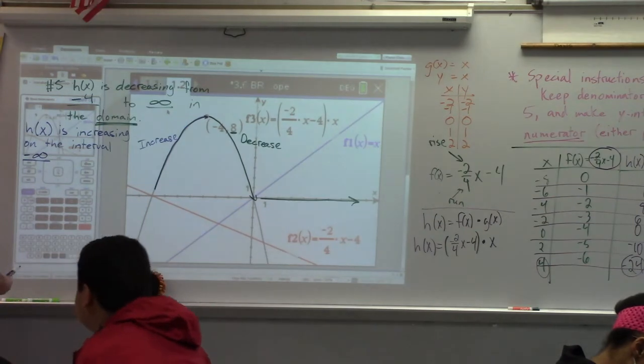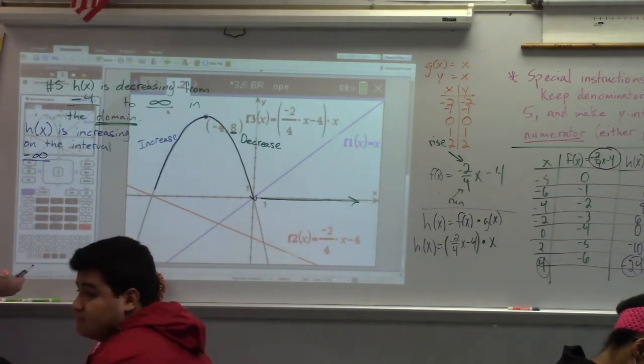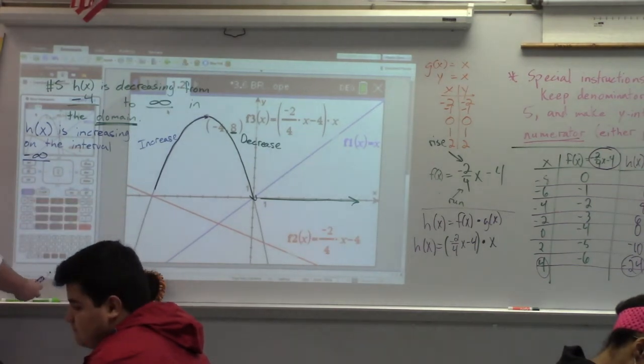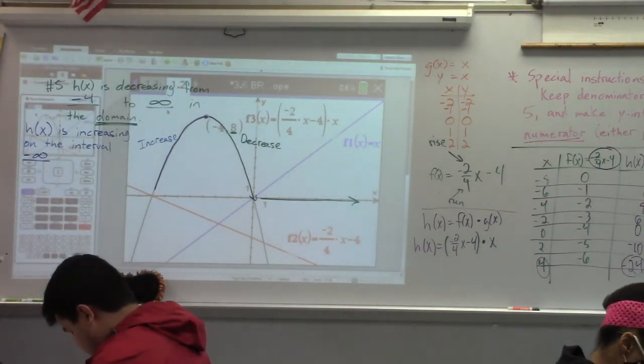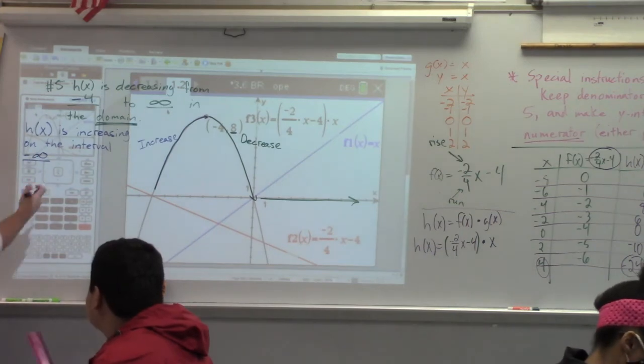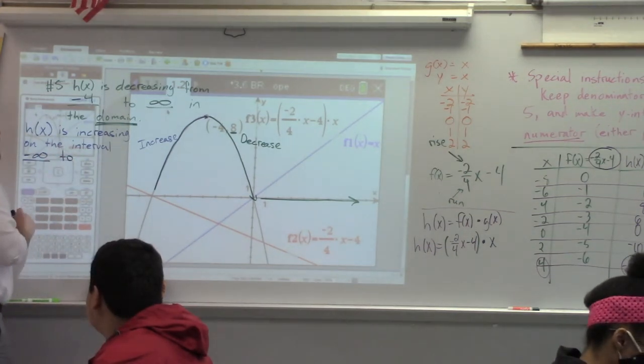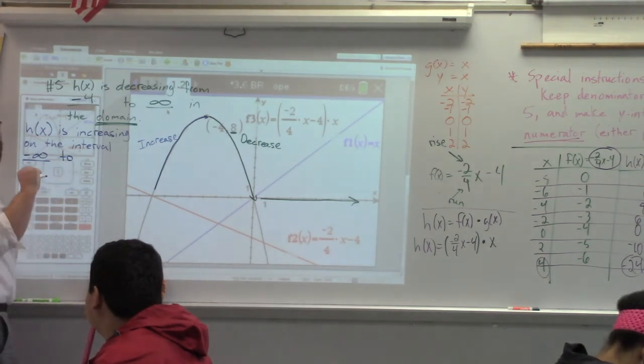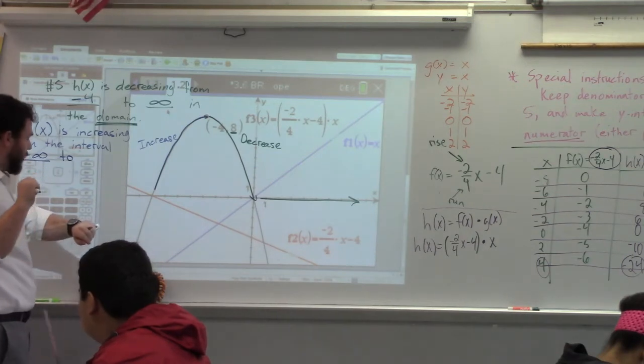Okay, so you're good with the fact that there's an infinity on this side. And you're good with the fact that these are negatives. So on this side is negative infinity. Okay? So it's increasing from negative infinity to, for this function, so Jesus thinks 8. Does anyone want to push back on that or ask a question about that?